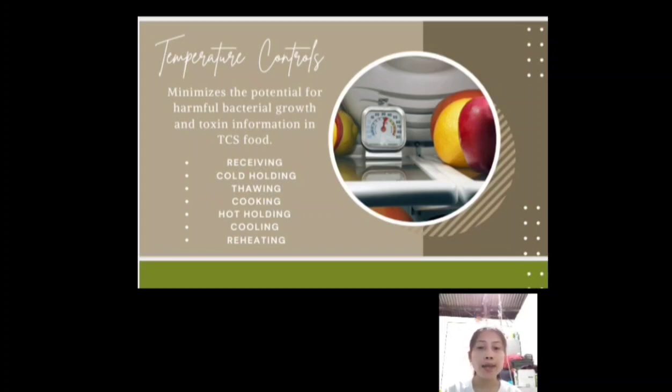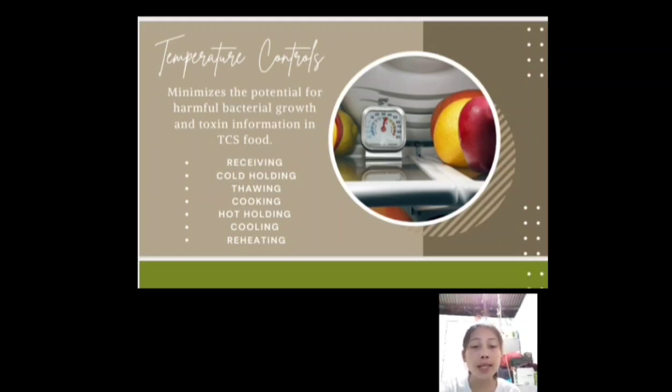So the next one is cooking. A cooking temperature of 75 degrees Celsius or above is effective in destroying almost all types of bacteria. However, cooking temperatures below this level are effective provided the food is held at these temperatures for a suitable time.